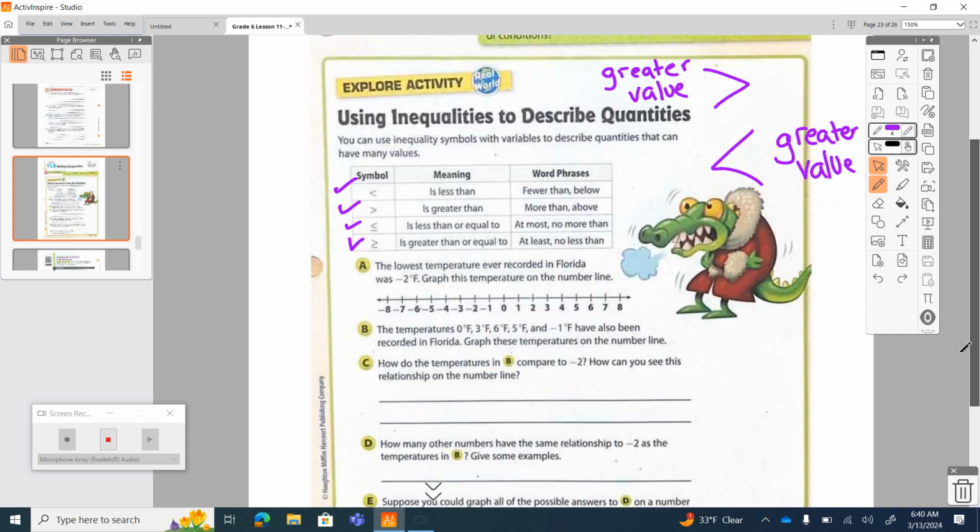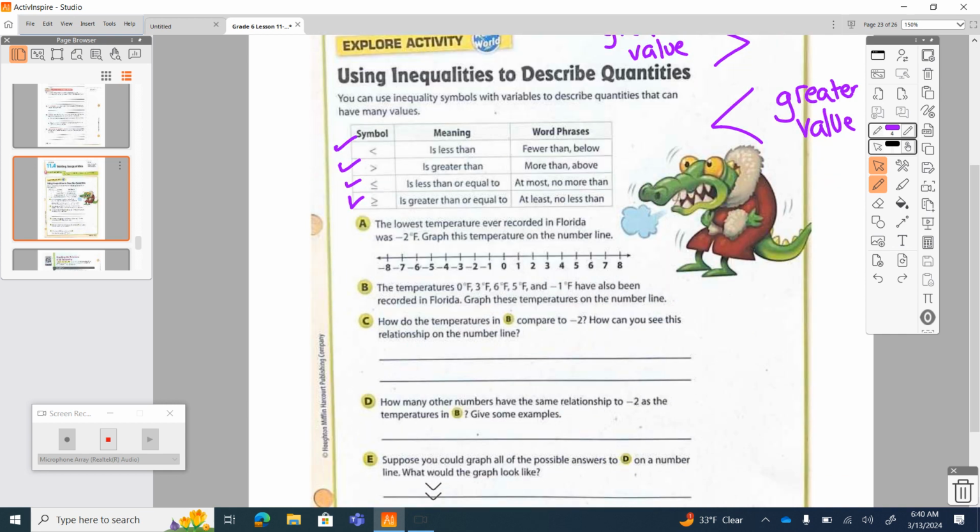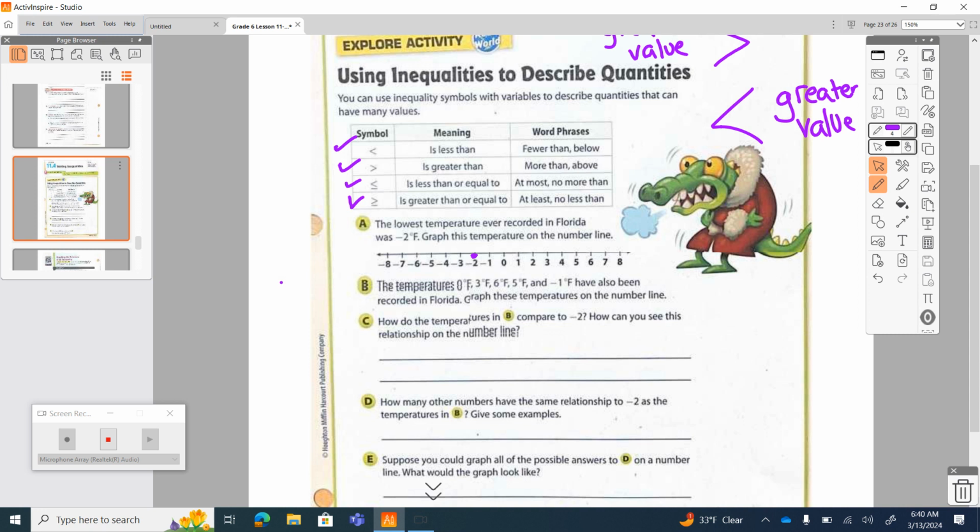The lowest temperature ever recorded in Florida was -2 degrees. So we've done graphing before. -2 would be a dot right there. The temperatures of 0 degrees Fahrenheit, 3, 6, 5, and -1 have also been recorded.